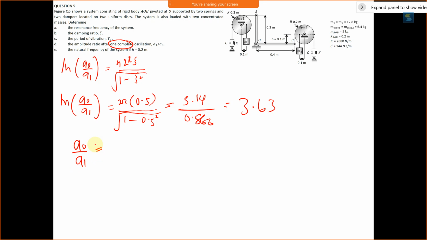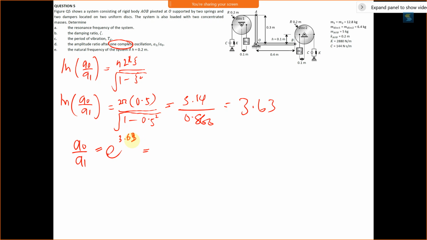Convert to exponent. So e to the power of 3.63.